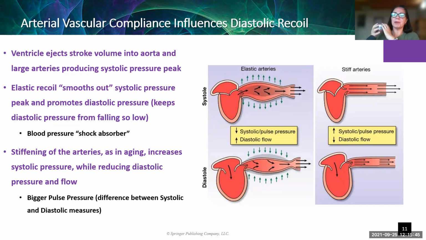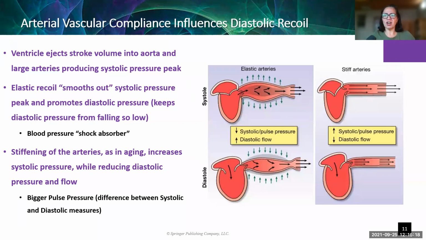So they're not pumping exactly, but with a balloon, you blow up the balloon and then it's all stretched out and then you let go of it and there are no muscles in the balloon. It's just elastic recoil. It's just coming back down, but it's pushing air out. So like these big arteries, they get pushed open, and then when they're allowed to relax, some of the blood gets pushed along. So you can think of it as a blood pressure shock absorber.